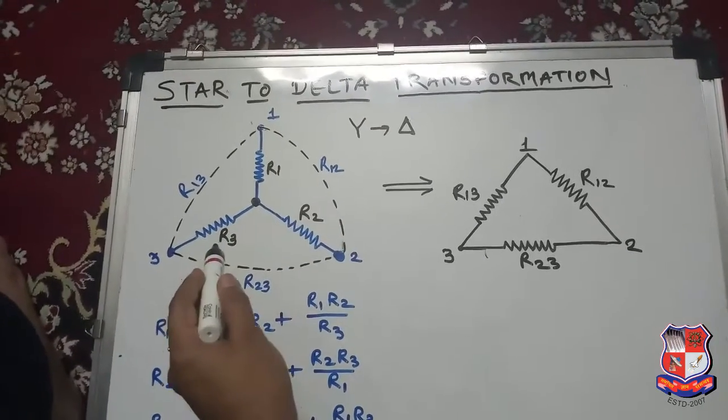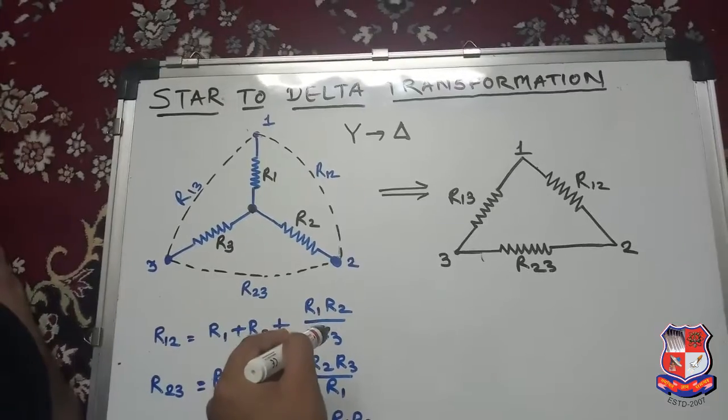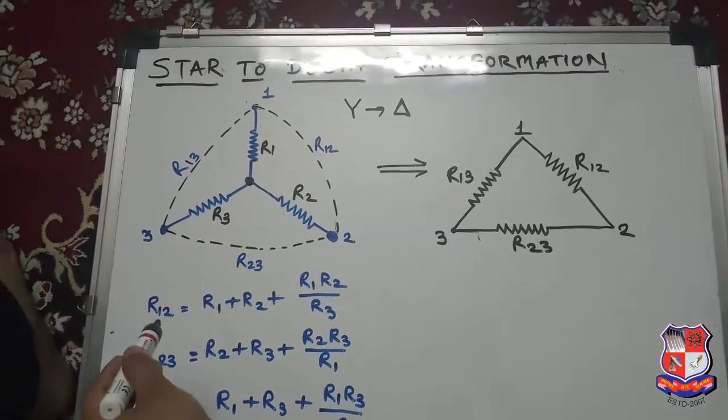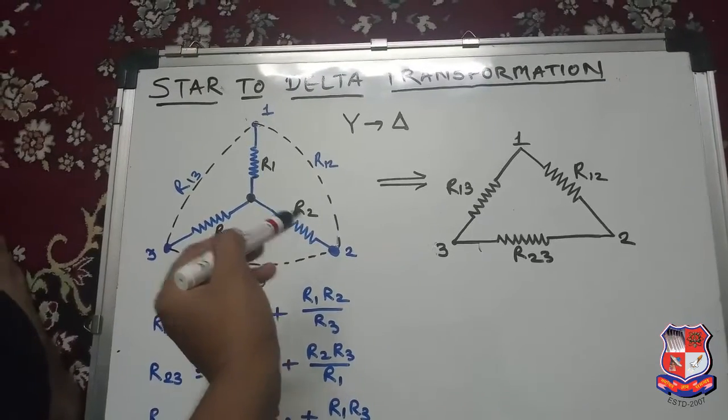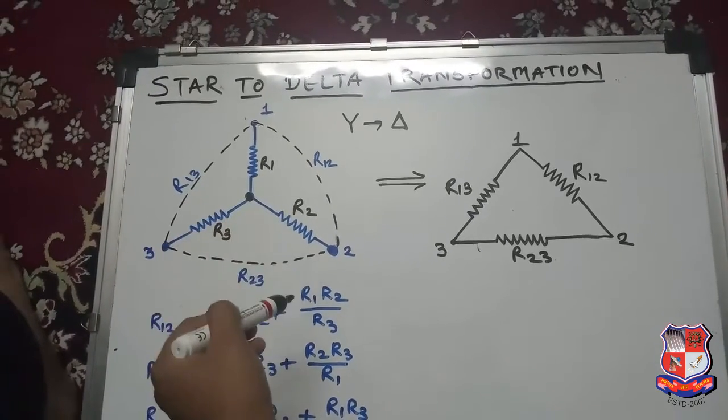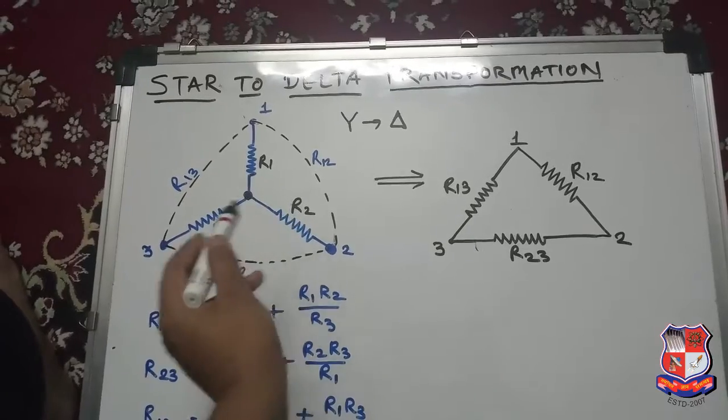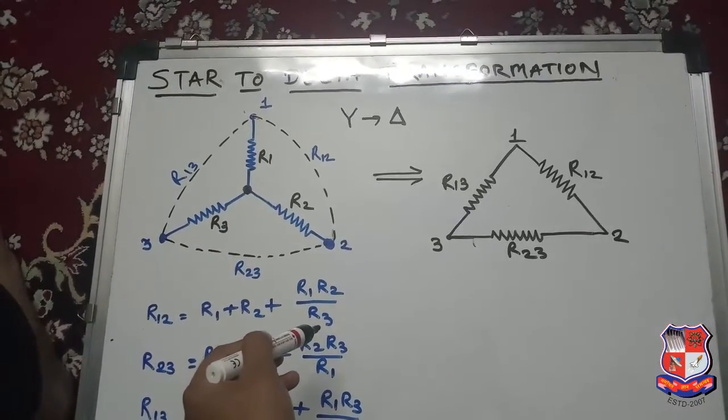The opposite branch of this link, its resistance is taken in the denominator. So R12 is equal to R1 plus R2 plus R1 R2 divided by the resistance of the opposite branch, that is R3.